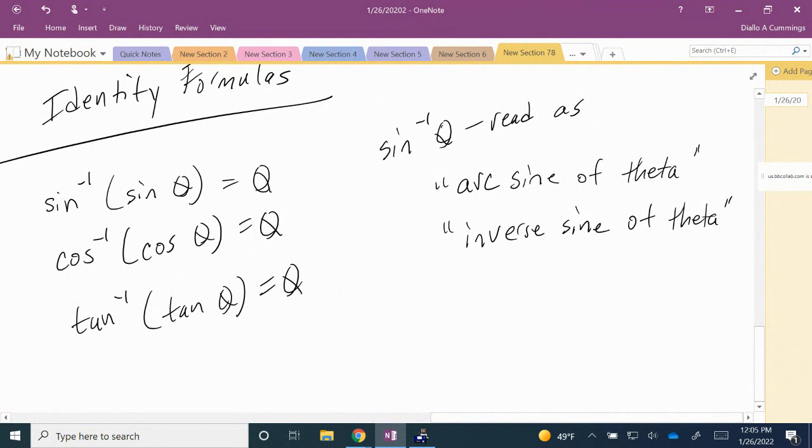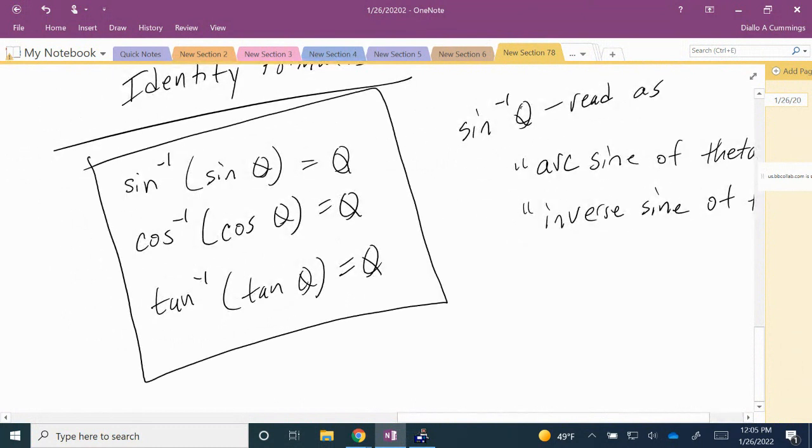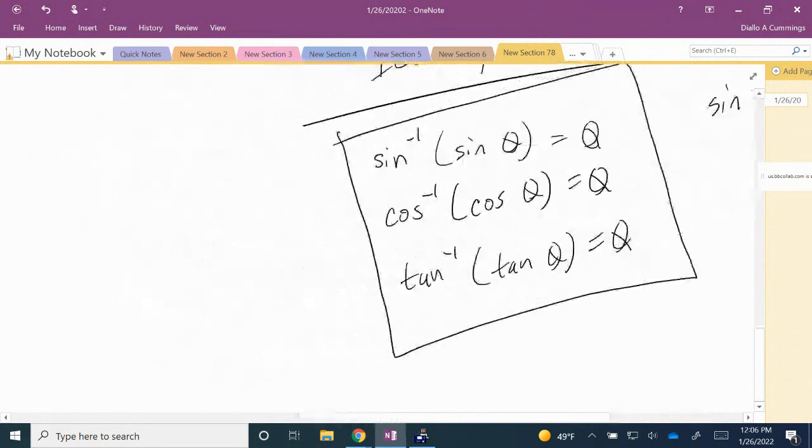Sometimes I may say arc sine, or sometimes inverse sine, but both of these are one and the same. Okay, so these are our arc function identities. Now this is how they're actually used.